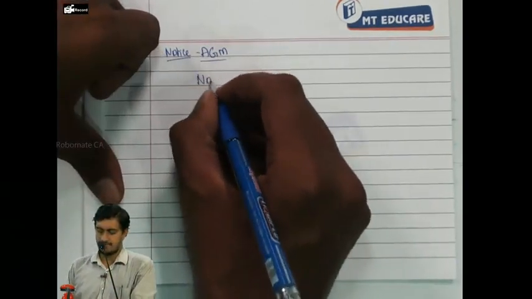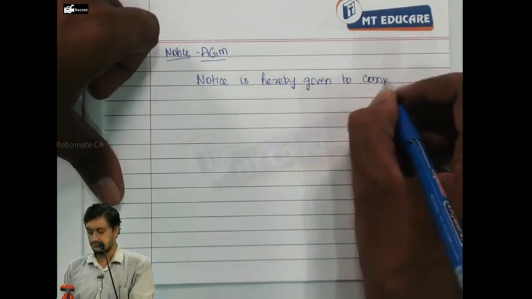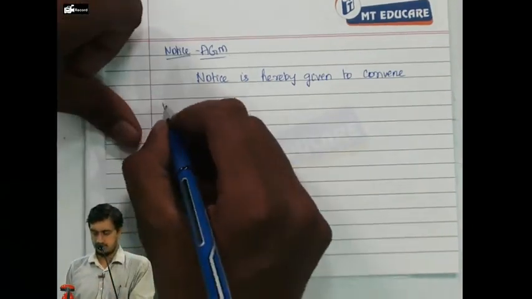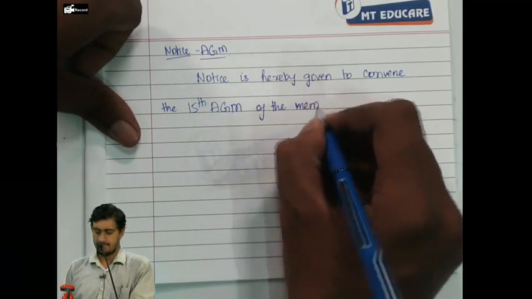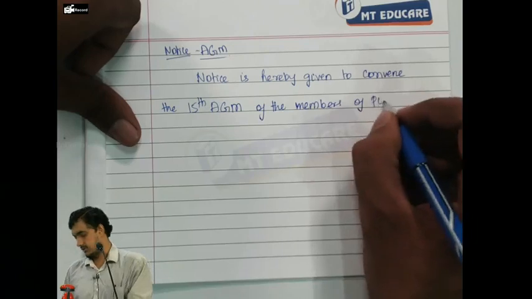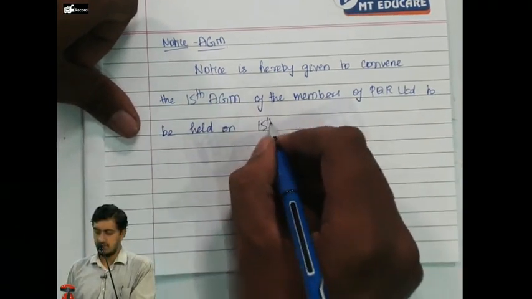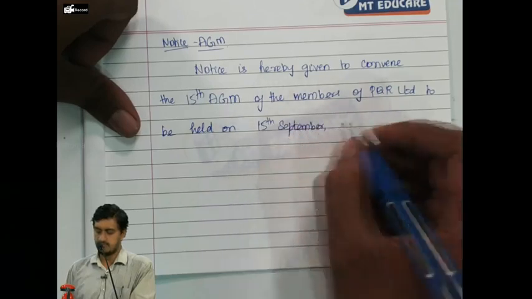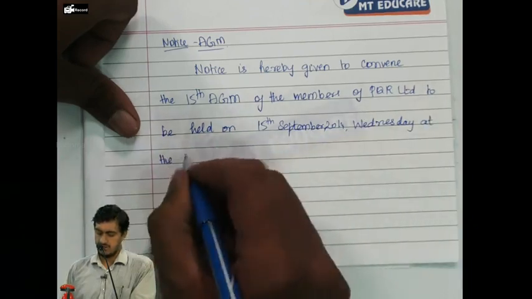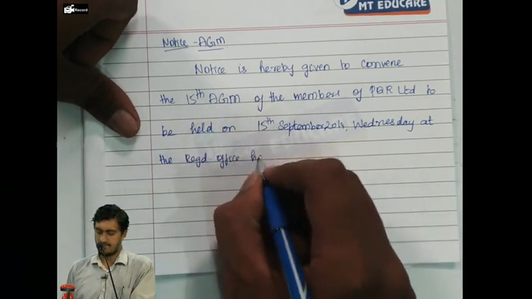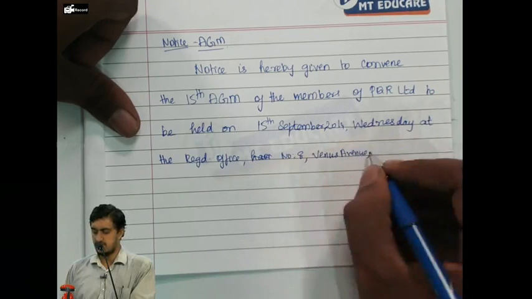So this is how the notice should start. Notice is hereby given to convene the 15th annual general meeting of the members of PQR Limited to be held on 15th September 2014, Wednesday, at the registered office, number 8 Venus Avenue, Neptune Street.